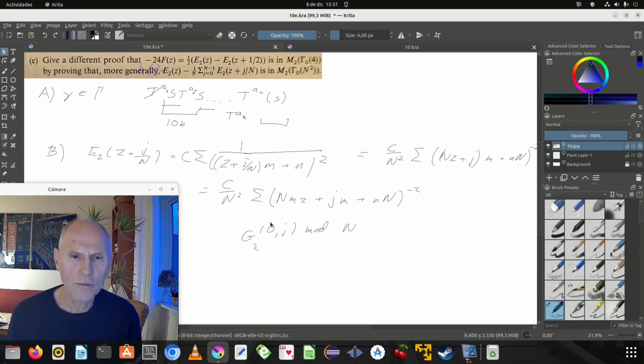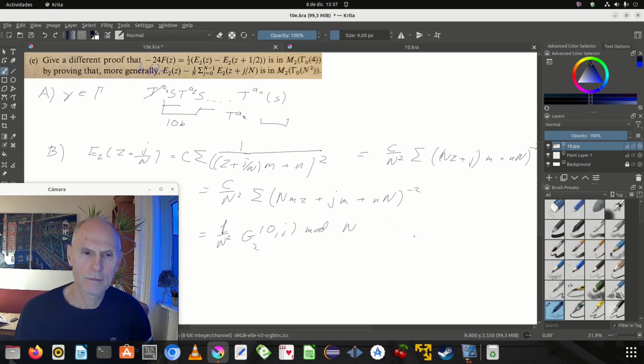So it actually should be the same. Good. So that was a first step in this direction. This is actually D, so it should be C again.